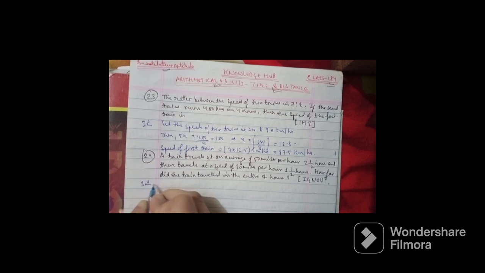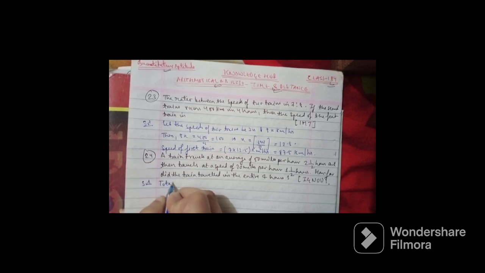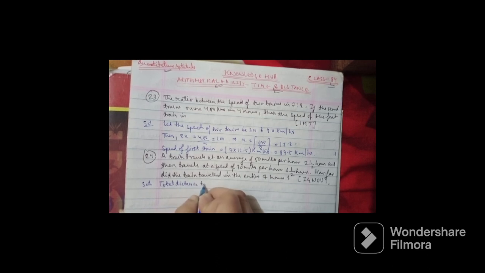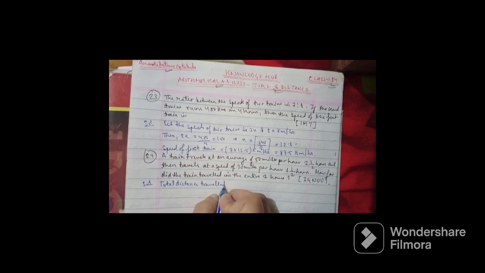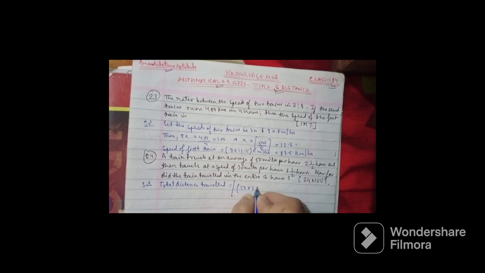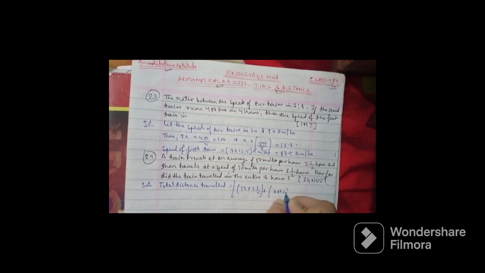For that, the solution: total distance traveled equals 50 into 1/2 plus 70 into 1/2 miles.